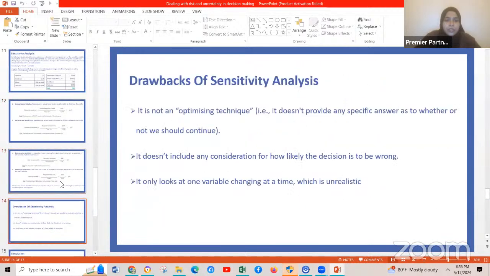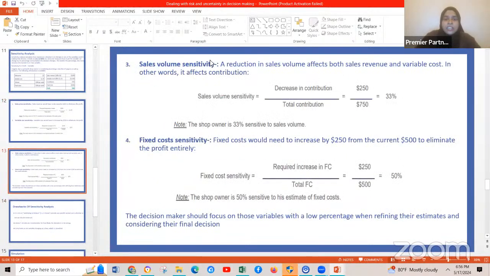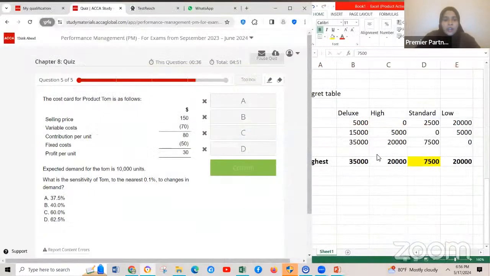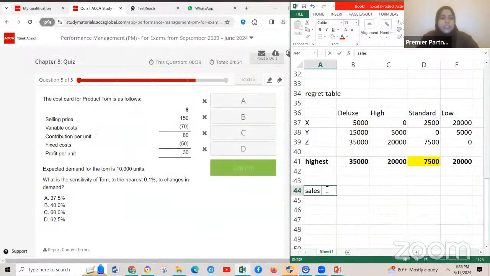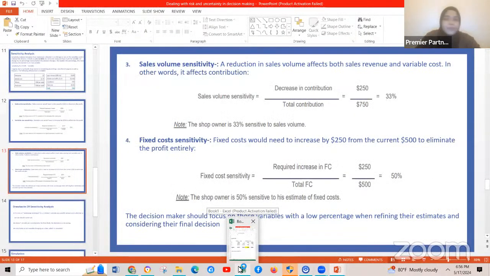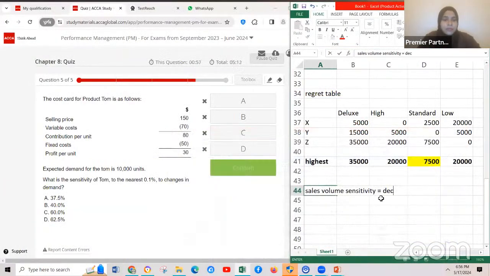Price, variable costs. We can go by the sales volume sensitivity, the demand, right? How much the reduction in sales volume will affect sales and variable costs. So how do you calculate sales volume sensitivity? Decrease in contribution divided by total contribution into 100.